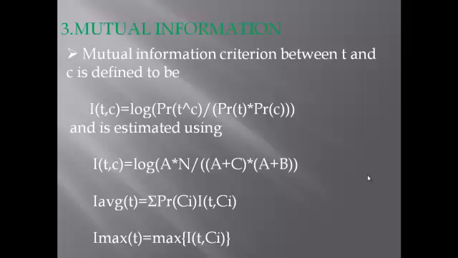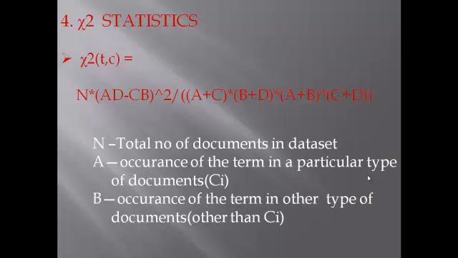Next, mutual information. The mutual information criterion between T and C, where T is the term and C is a particular type of document. Here we calculate for each term and each type of documents using the formula I of T, C equals log of A times N divided by (A plus C) times (A plus B).